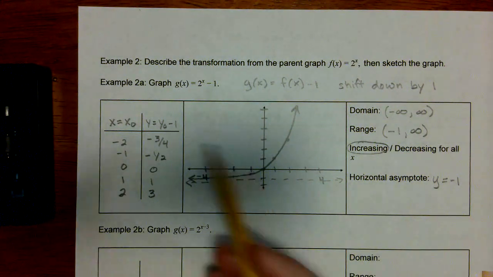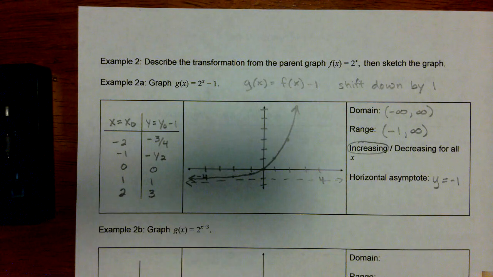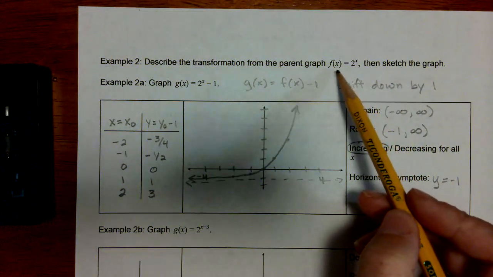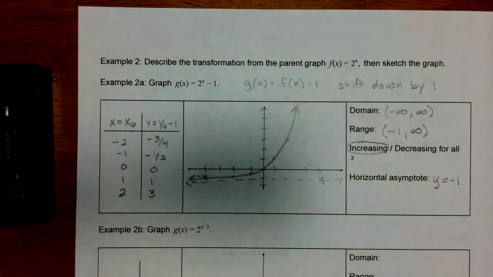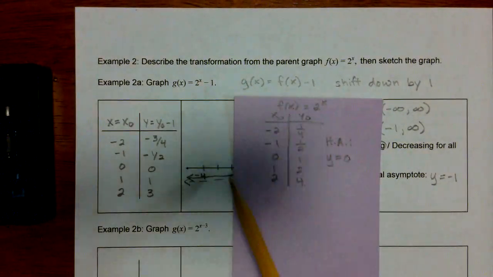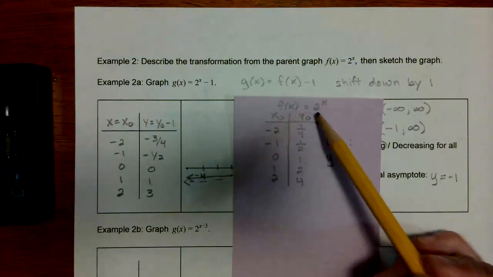So for this transformation, we are using the same procedure we did for all of our other parent functions. The new thing is that our parent function is f of x equals 2 to the x.